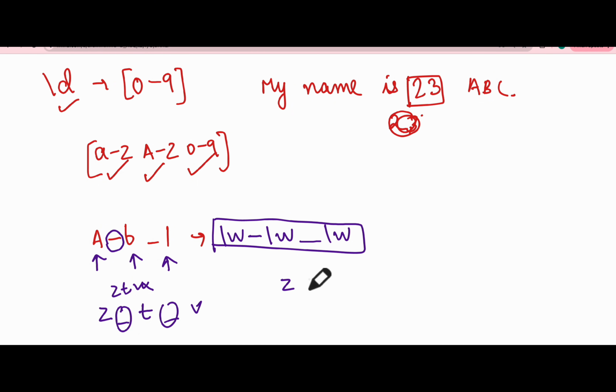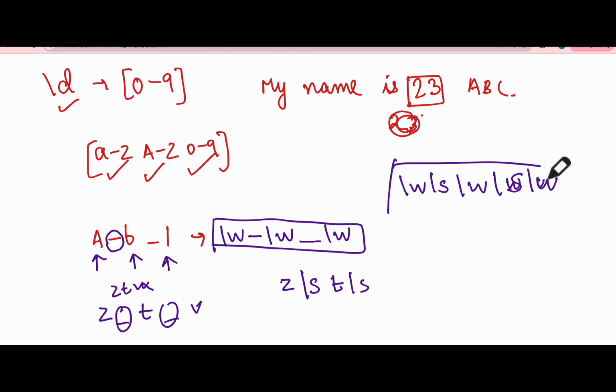You create a Z, then \s, then T, and then, for example, \s. Or you can simply say it could be \w\s\w\s\w. So it's a character, then space, then again character, then again space, and then again character. So this is how you will build a pattern for this.